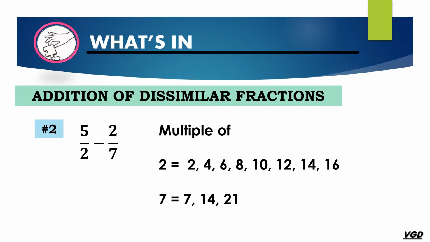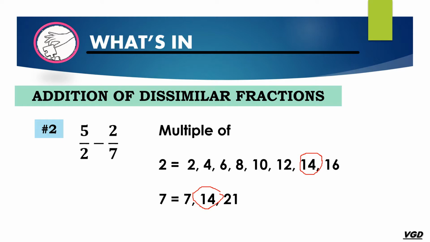We also have the multiples of 7: 7, 14, 21. So in this case, our least common denominator is 14. Just take note that if you can already get the least common denominator, you don't have to get the multiples until 100s or 200s, because our goal is just to get the LCD.